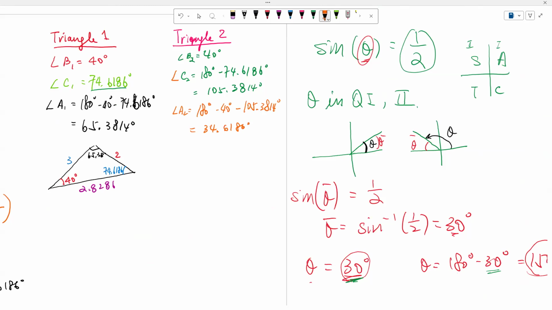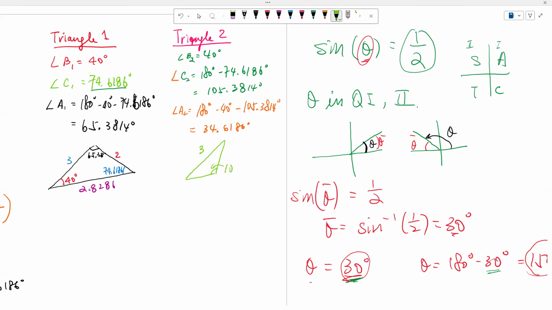Then in this case, what does this end up? So again, we have these three right here. This is the side C with the angle.